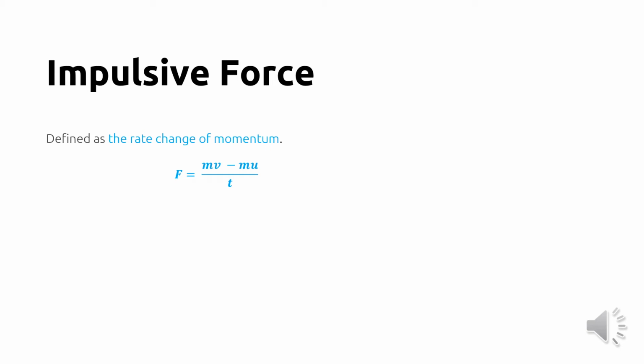Impulsive force can also be written as F equal to impulse divided by t. Since it is a type of force, the unit is Newton, or we can also use the unit kilogram meter per second squared.